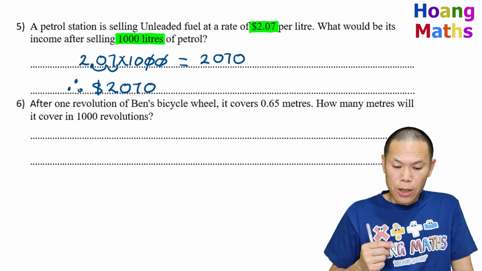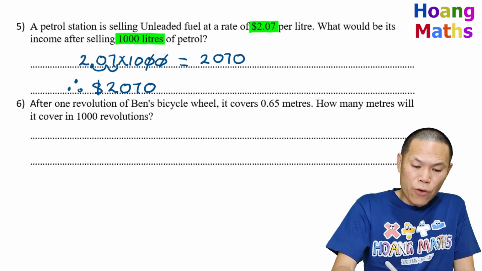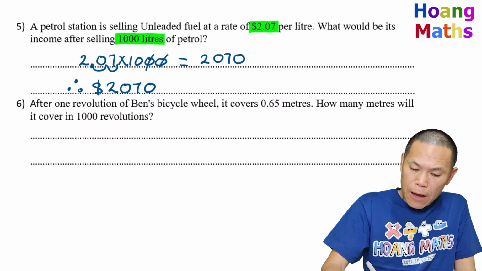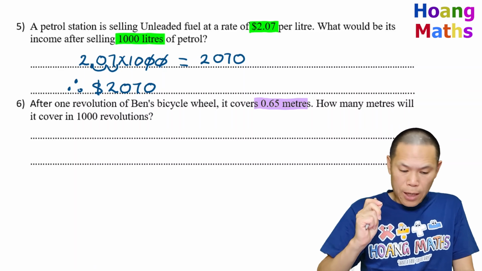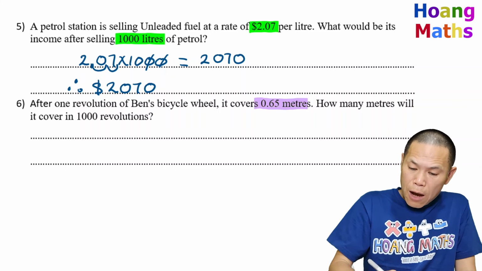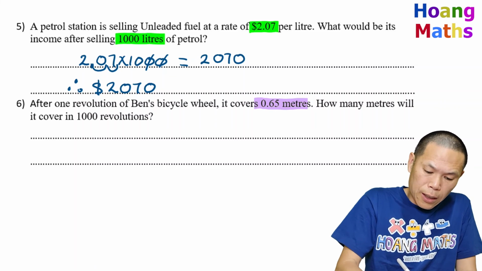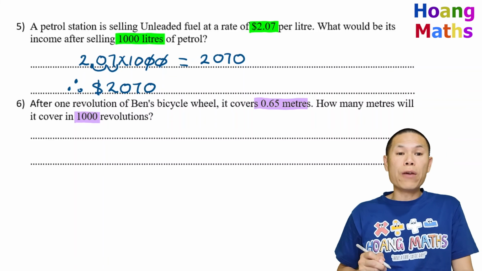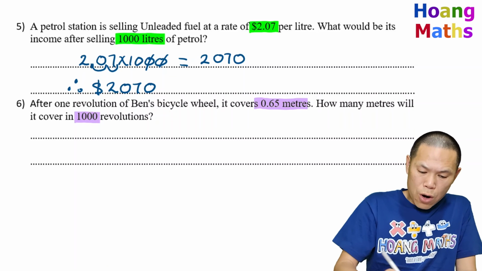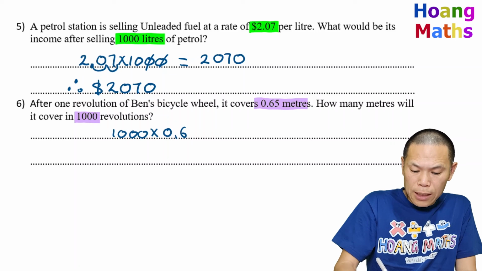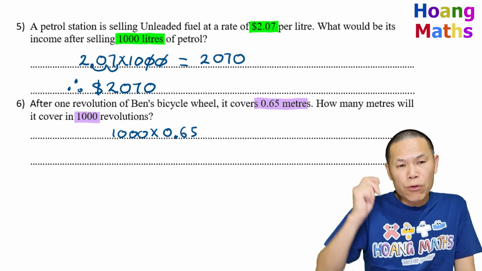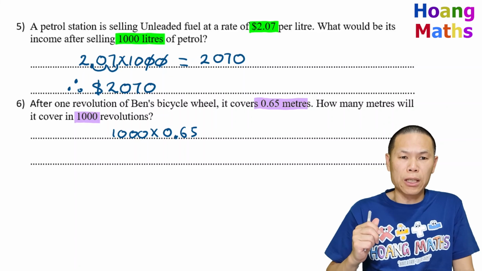Question 6. So we know that 1 revolution, it covers 0.65 meters. And we need to work out how many meters is 1,000 revolutions. So we just go 1,000, we times 0.65, or 0.65 times 1,000 if you like.